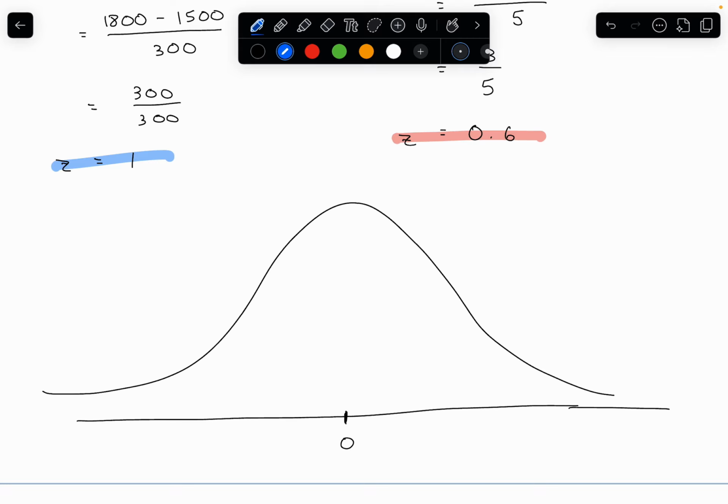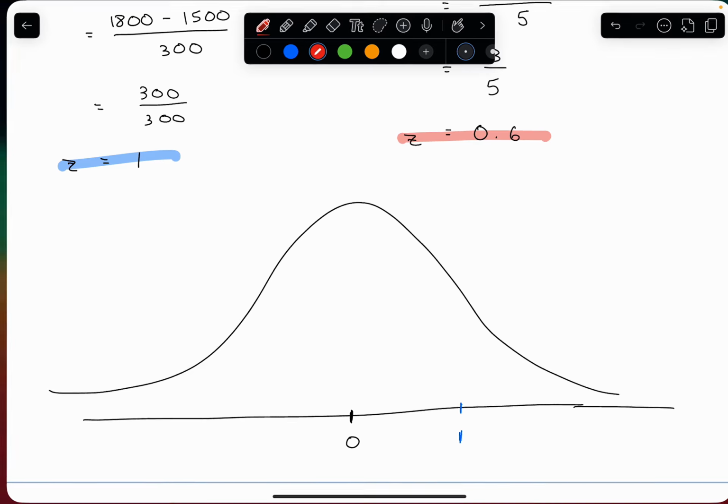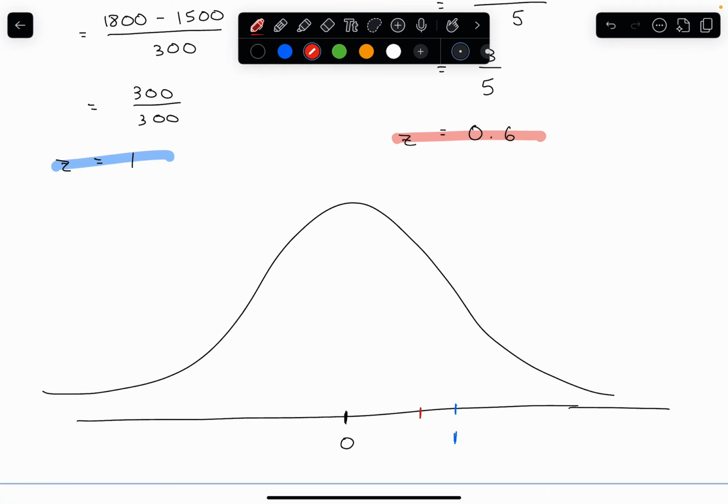If I was to plot these two points, Anna's score over here is 1, and Ryan's score over here is still to the right of the mean. It's still greater than the average, but it's not quite as high compared to the other test takers. It would be sitting over here at 0.6.